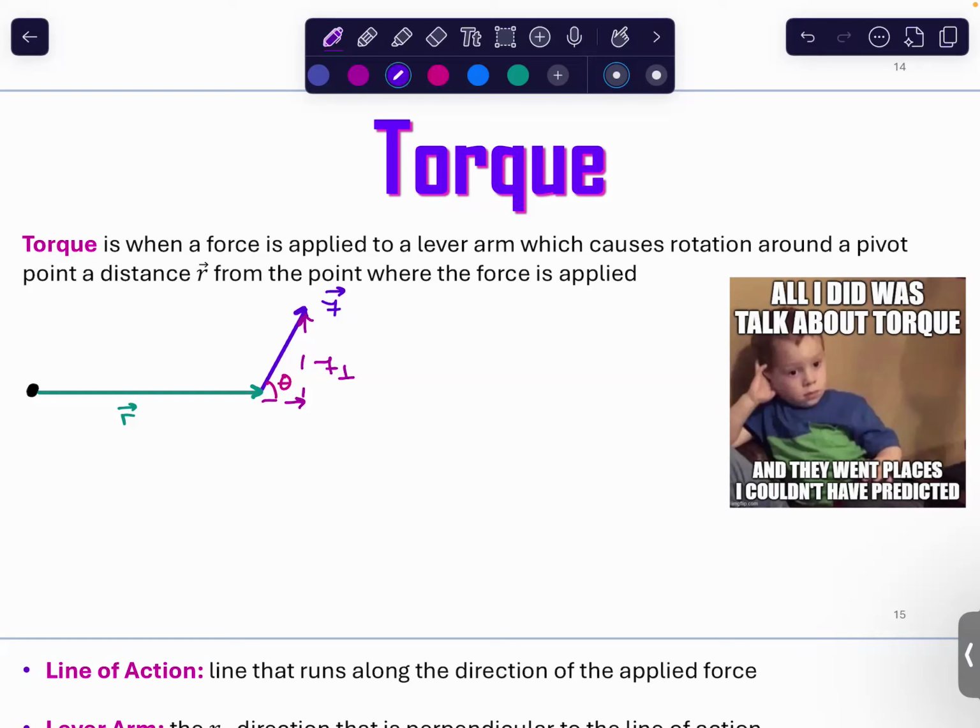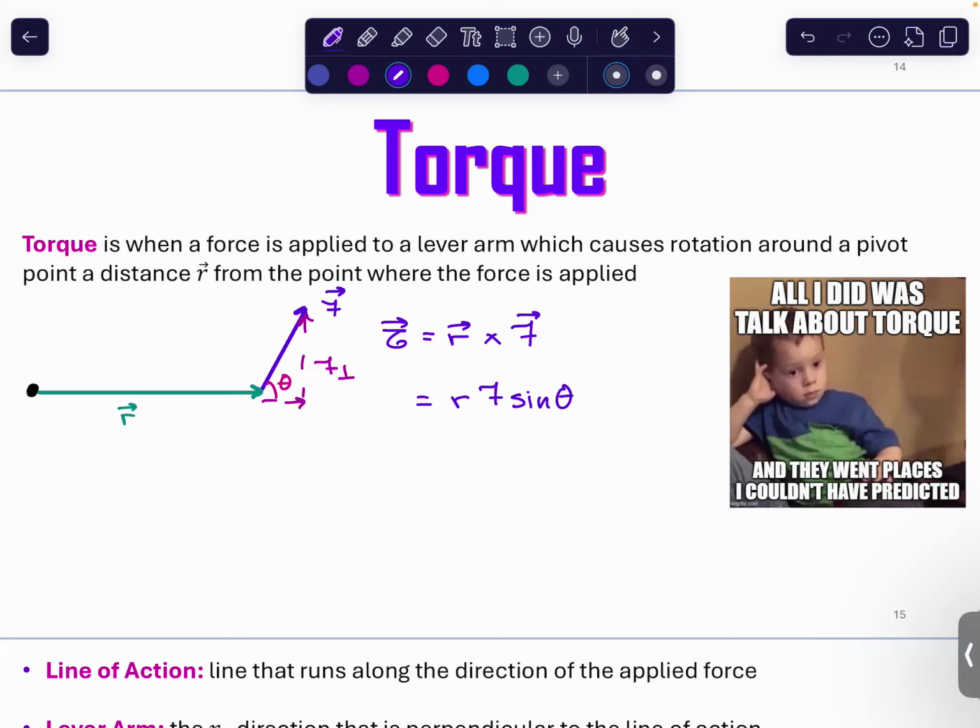And so our torque is going to be the position vector cross the force vector. And so this is a vector product. It's called a cross product. And so when we break this down, it's going to become RF sine of theta.